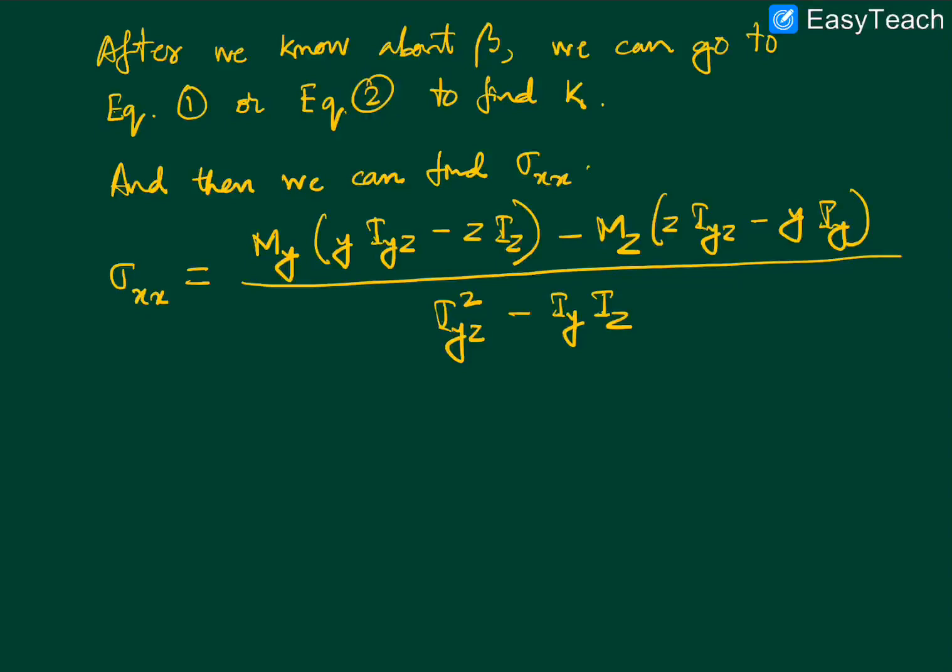Now a couple of points to note here, maybe 3 points. First is that this expression of sigma xx is basically just a very general version of the very familiar flexure formula that we have been studying all along during our undergraduate days.